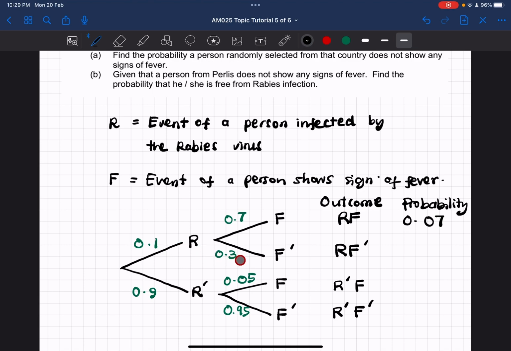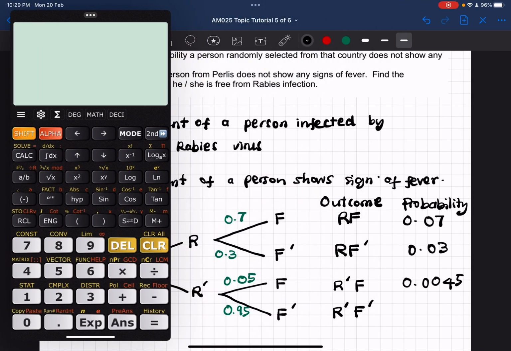0.1 times 0.3 is 0.03. 0.9 times 0.05 is 0.045, and 0.9 times 0.95 is 0.855.